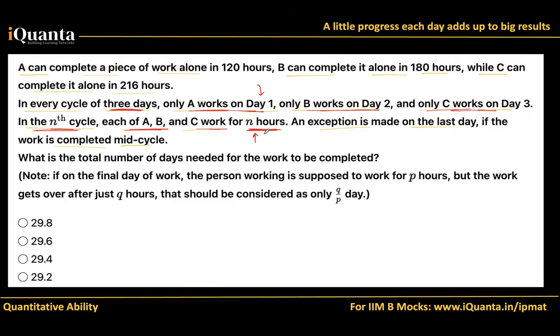This simply means that in cycle 1, 1 hour of work will be done. When you talk about the nth cycle, we'll have 3 days in which n hours is being done. So in cycle 1, we'll have day 1, day 2, day 3.